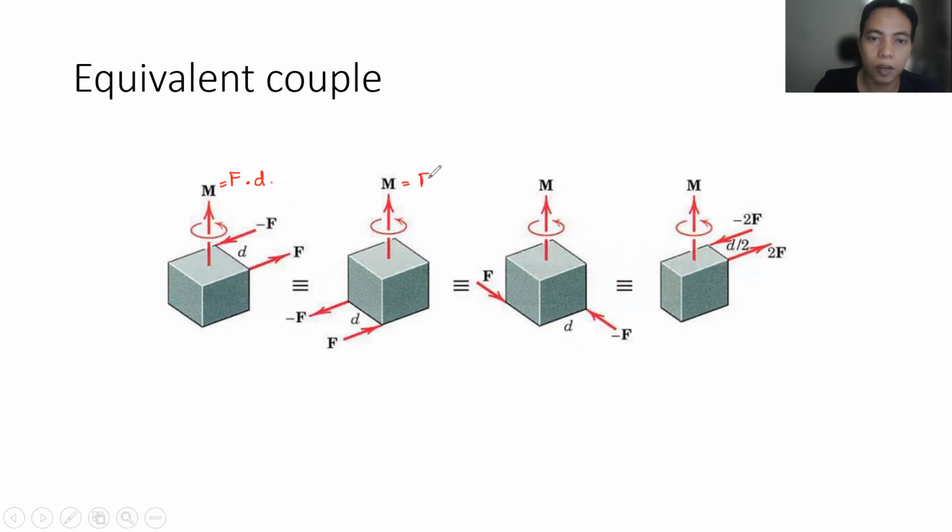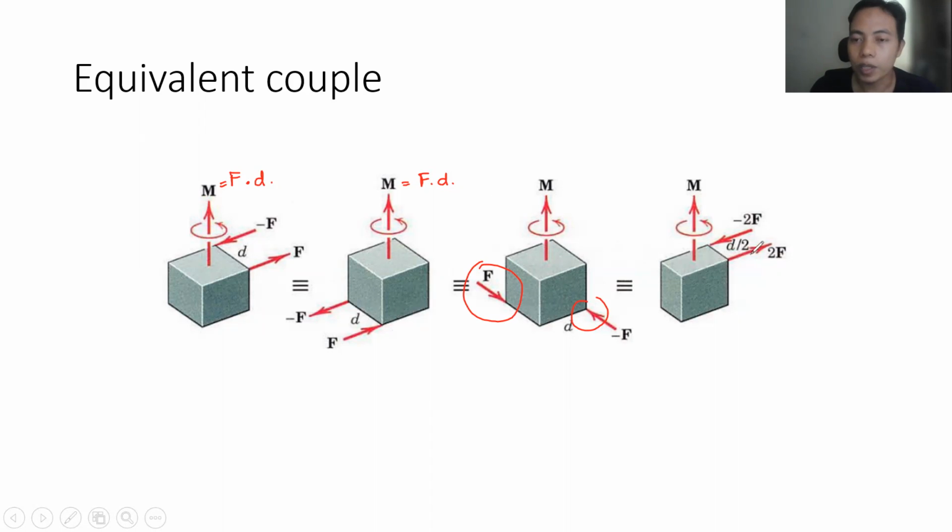Here we can still obtain the couple moment Fd even if we change the point of application to the bottom surface. Or even if we change the direction or the location of F, we still have a similar effect, the same condition.